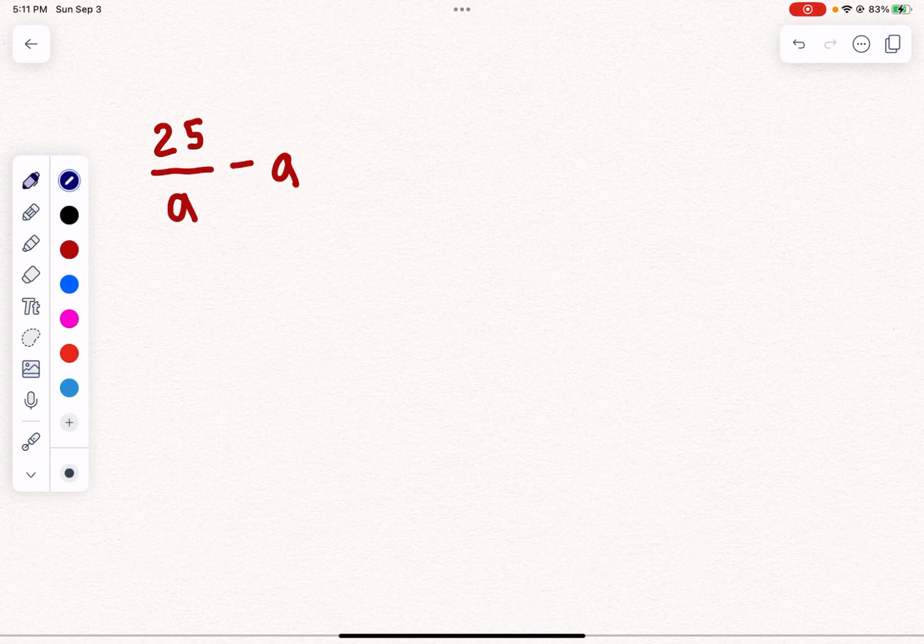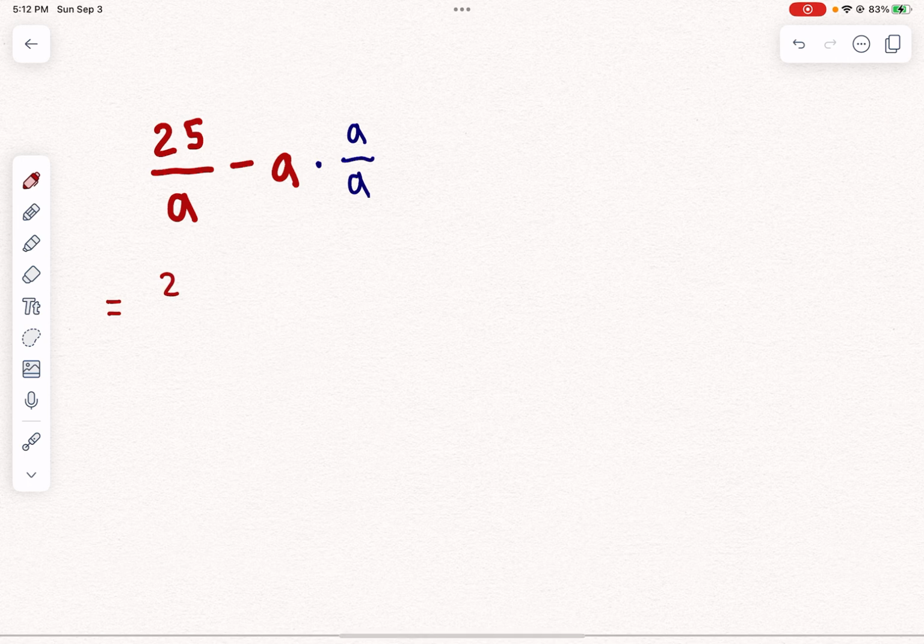So let me write that down. A over a. And if we continue with this, this is equal to 25 over a minus a times a, which is a squared, all over a.